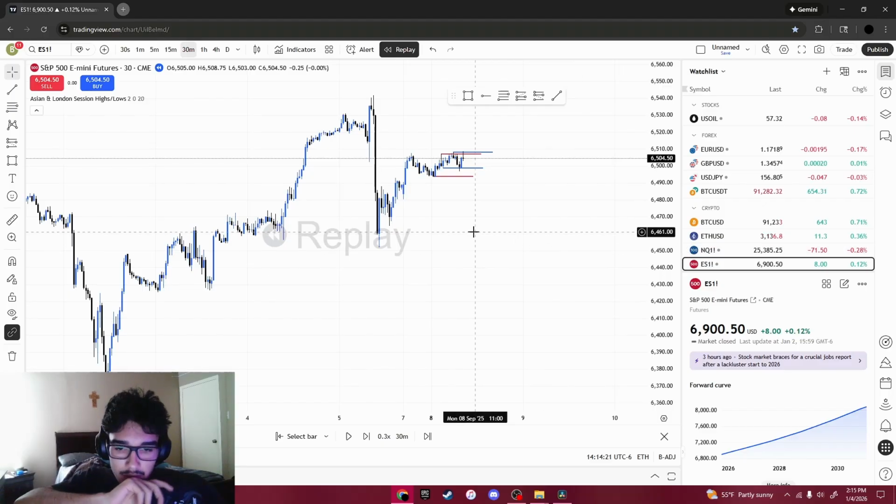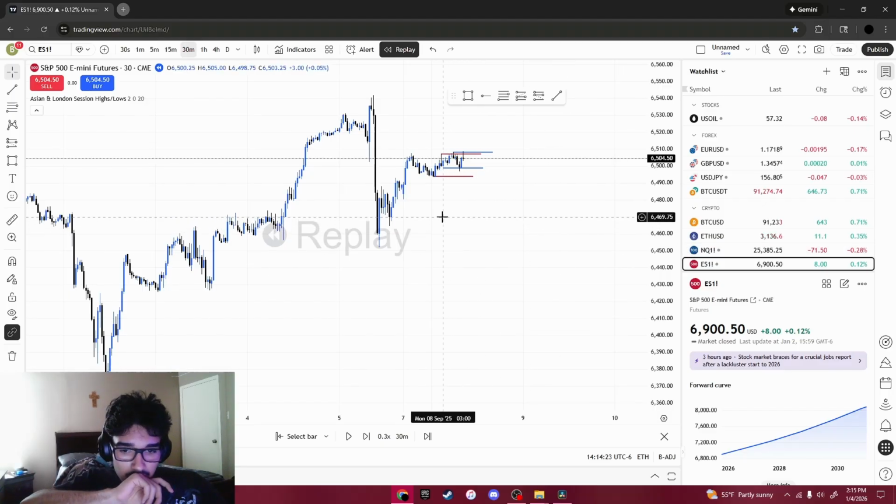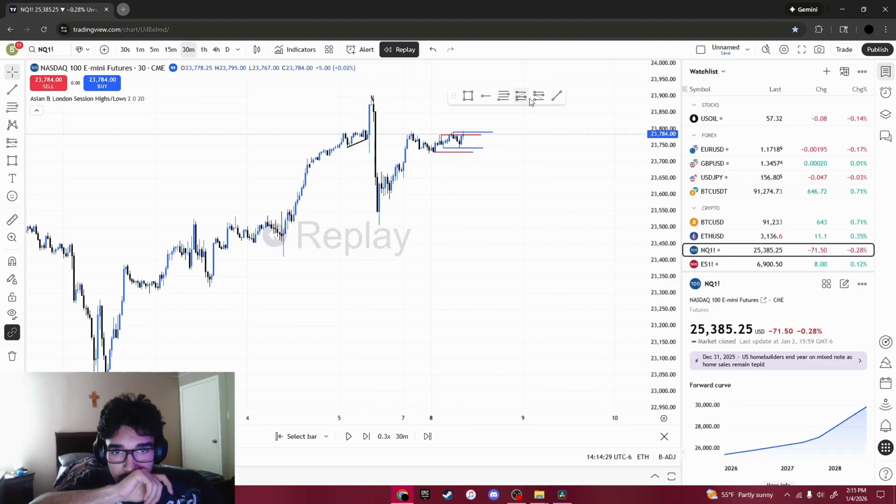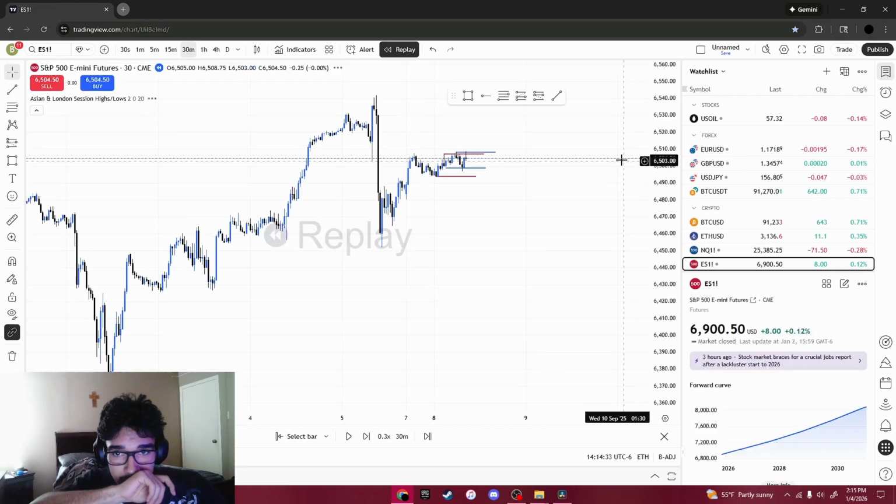Market is in an uptrend, and it created this high time frame SMT divergence.